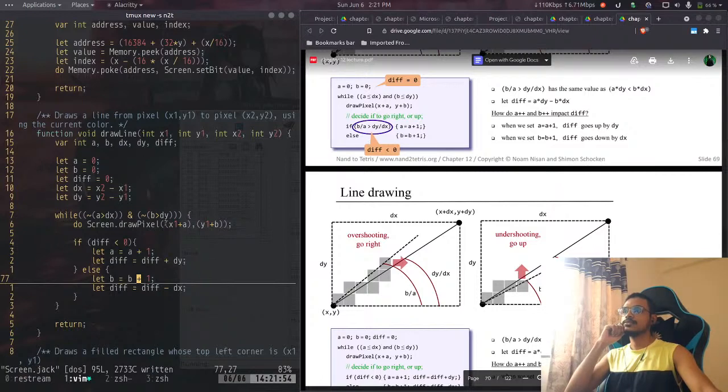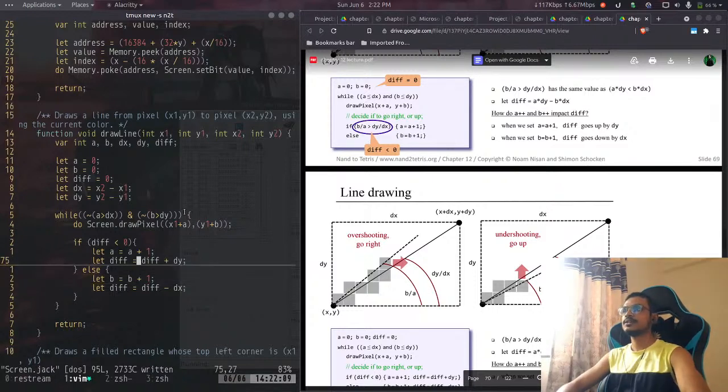So let's see. Should I get the absolute value of dy?